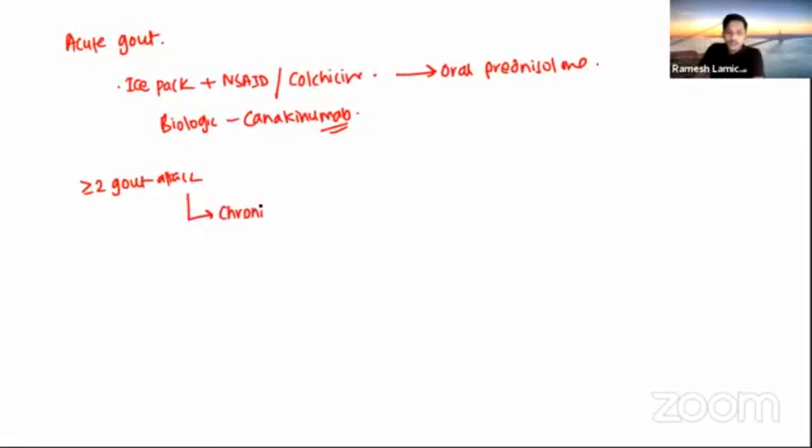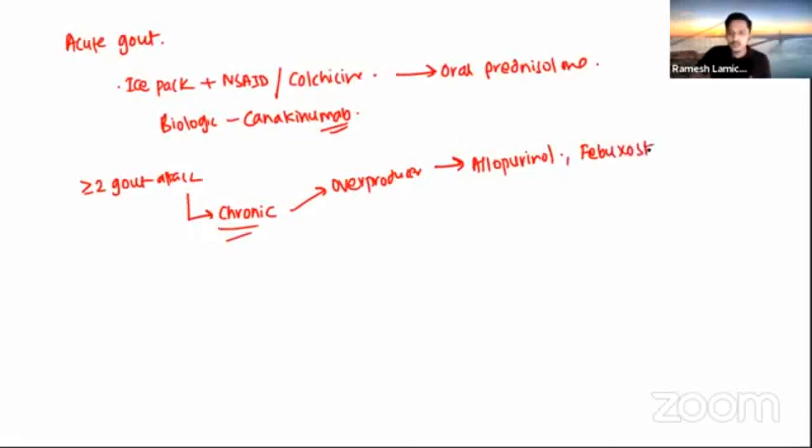For chronic management, we have to keep in mind whether this gout is an overproducer or an undersecretor. One produces more uric acid, and the other produces uric acid normally but it is not being excreted, so we look at the renal kidney. After differentiating between those, if the patient is an overproducer, we'll give allopurinol. If the patient cannot tolerate allopurinol, then we have another drug called febuxostat.